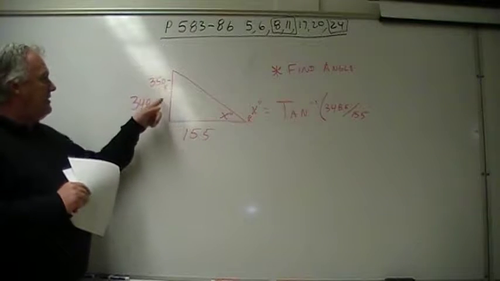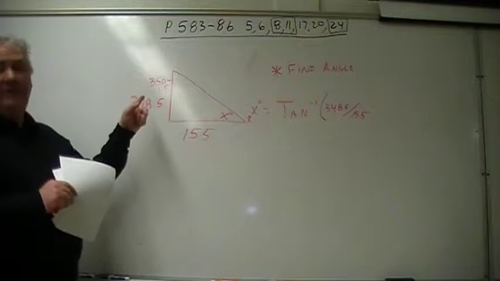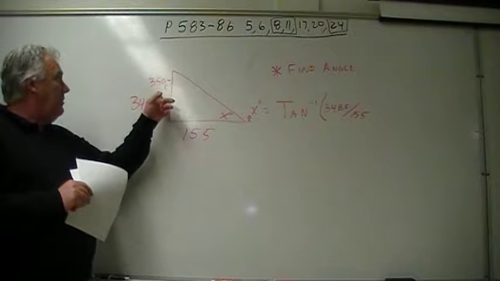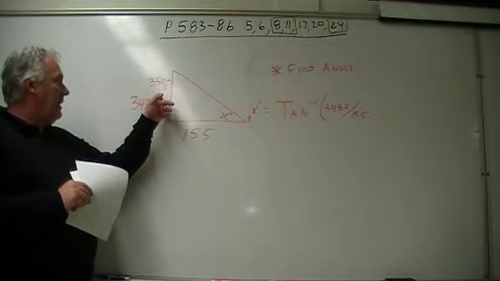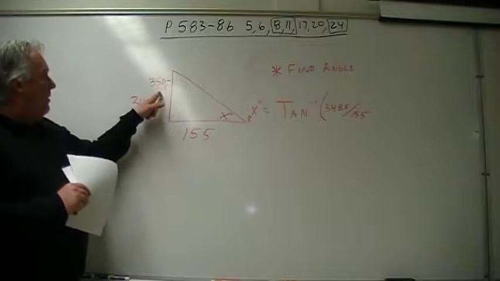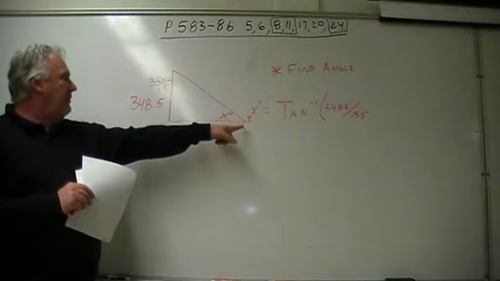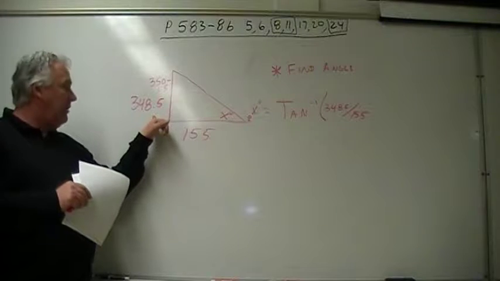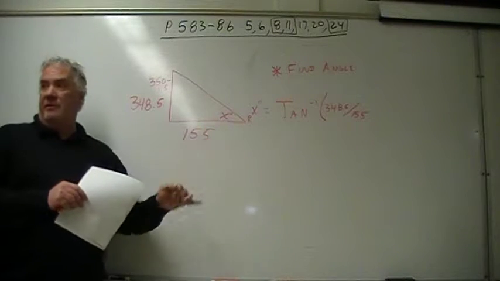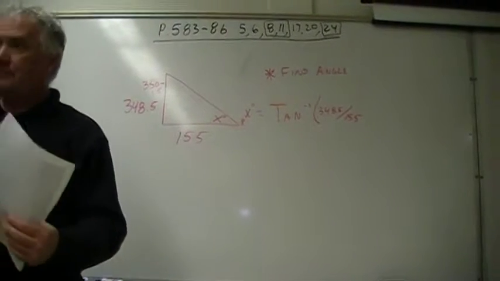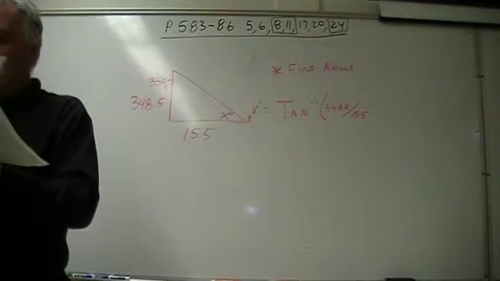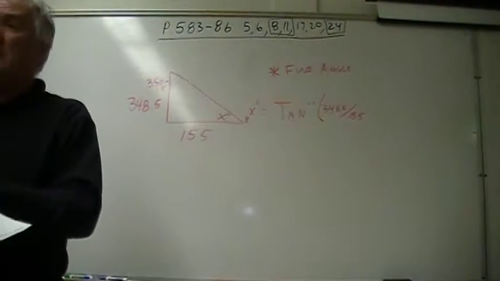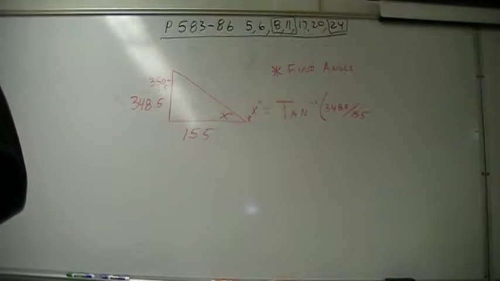The height of this is 350, and you are taking 1.5 away, because the person is 1.5 meters above. So this height is now going to be 348.5. This is 155 meters. And the question says, find the angle.